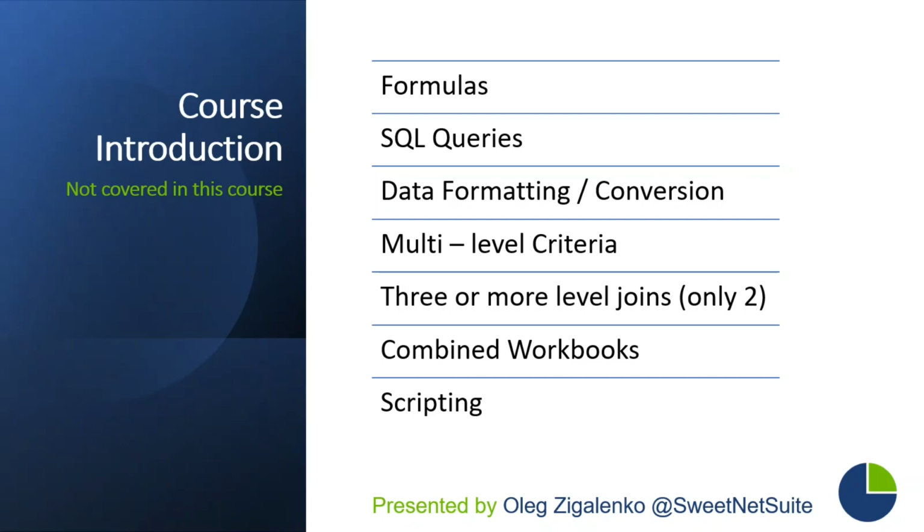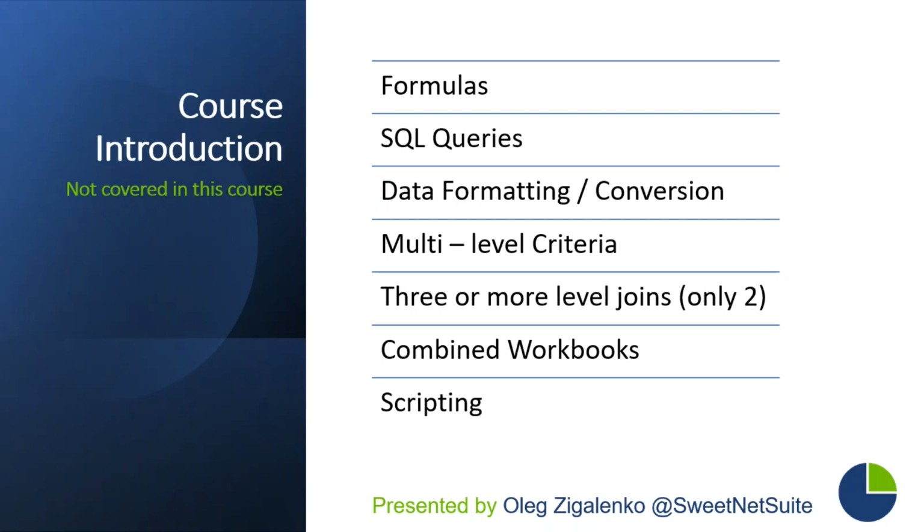But basically we will not go over two levels of joins. So we will not go from one record to another and then leave that data and go to another one. We will not be creating these multi-level joins, just the two record types. We will also not talk about combining workbooks, where you can use multiple different workbooks brought together from different sources.